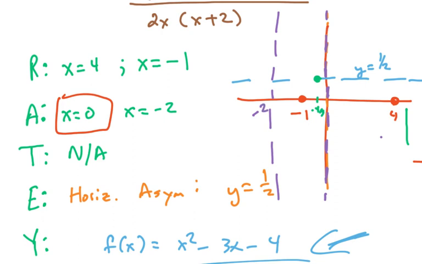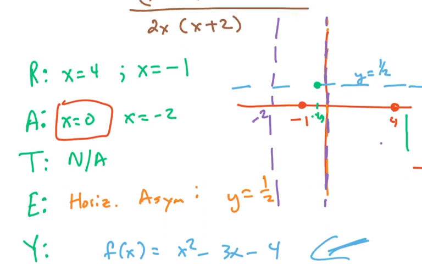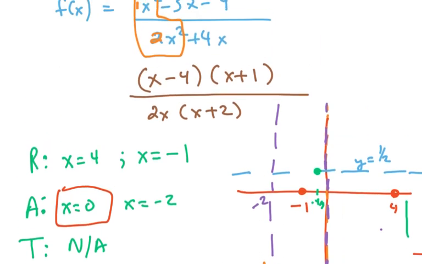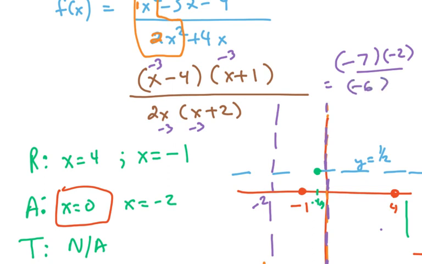So maybe I want to plug in -3. Let's say I plug -3 here, here, here, and here. Let's see what happens. So that gives me -7. This will become -7 times -2 over -6 times -1. And that's going to be 14 over 6.